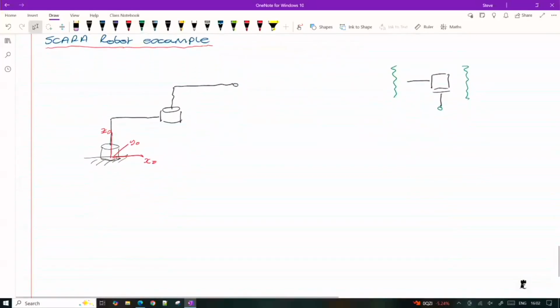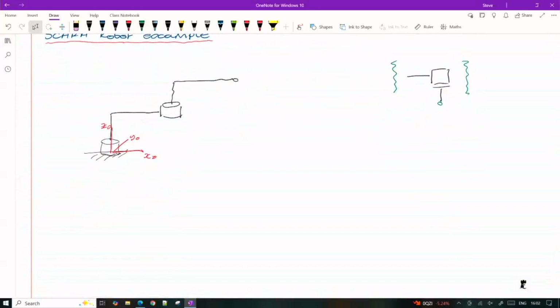but for this example, we don't have any variability in Z. So no variable in Z0. So a point in space with respect to our Z0 axis is given by a combination of the fixed link lengths.